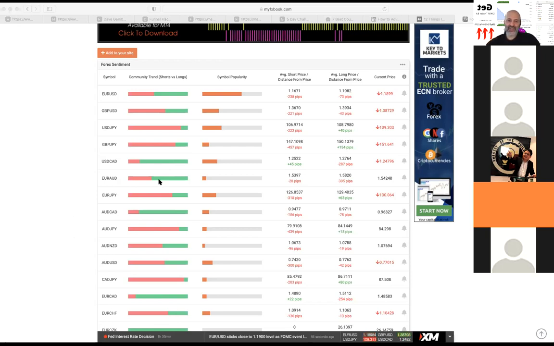So any time you have a range between 40 and 60, not 30 and 70, this is a sideways market. When you see that the market is skewing in one direction, this is a trending market, so you shouldn't be going with counter trend on these markets.